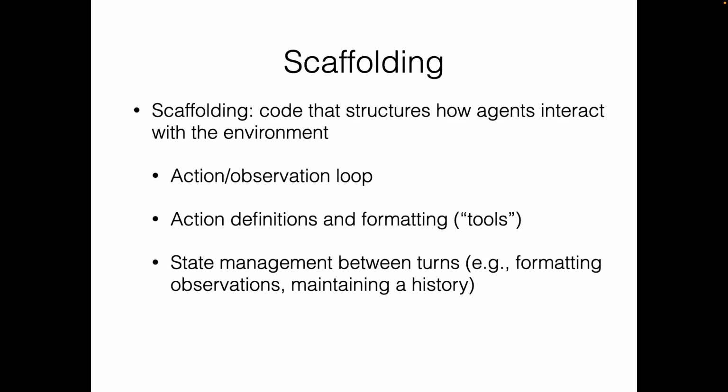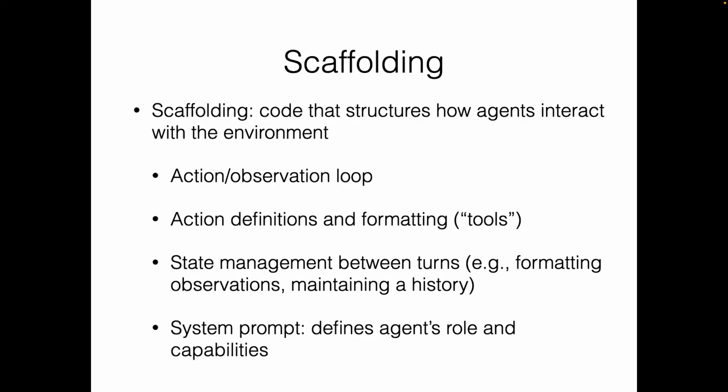It involves state management between turns. In the simple example, I was appending the state into that history and then formatting it for the model, and you have to do that. And then also having some system prompt, which defines the model's role and its different capabilities.